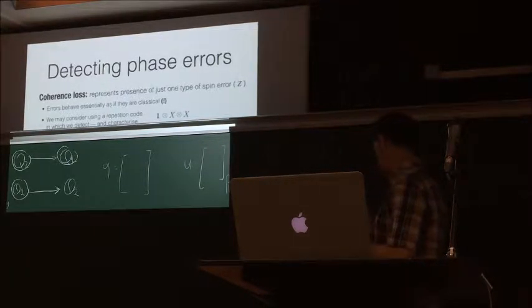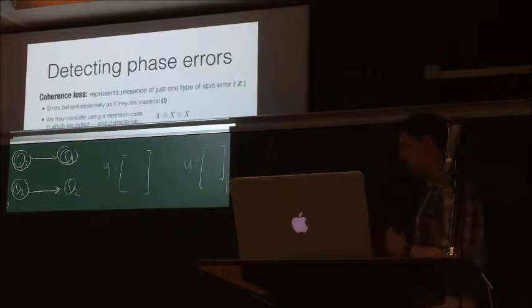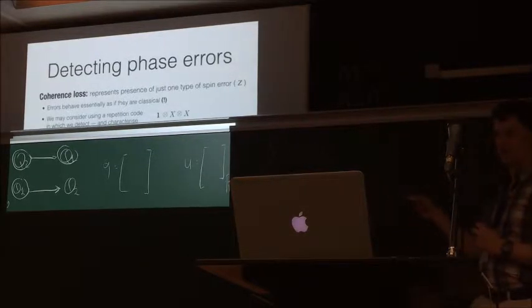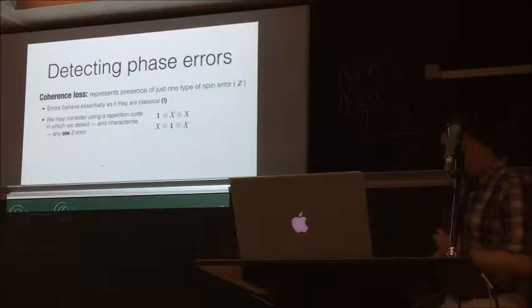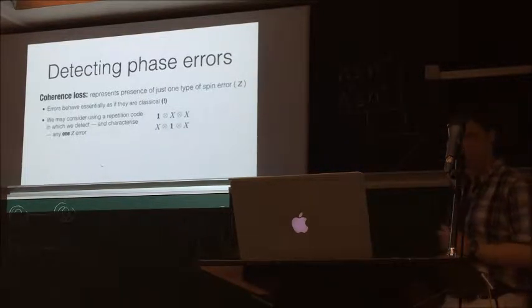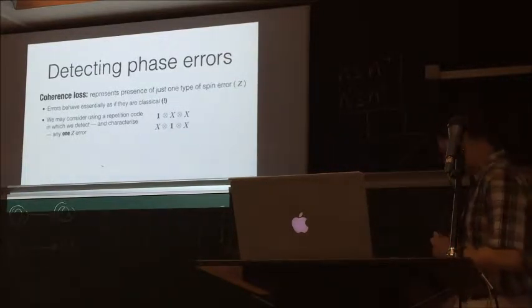If you want to say 1, you say 1, 1, 1. And even if somebody mishears one of them, they can take a majority vote to see which one you actually meant. So this has the property that if you take the parity of any 2 of the bits, you have 0. And that's exactly the property that I'm looking for here.